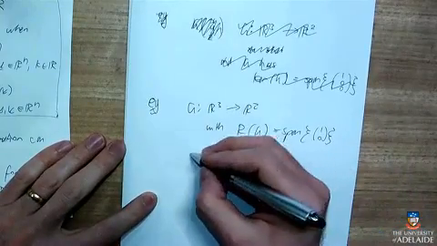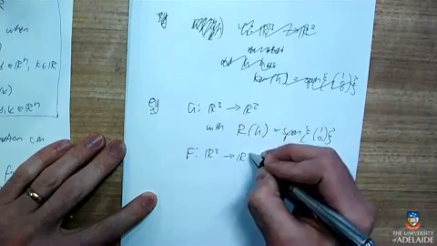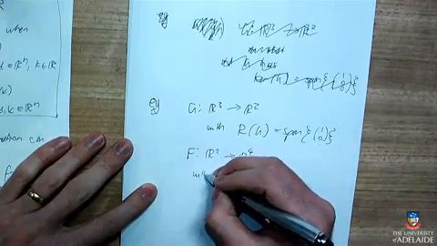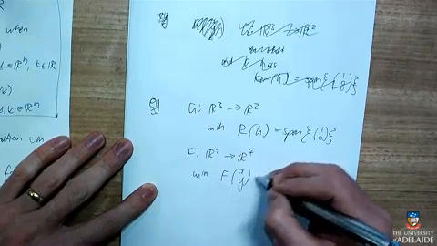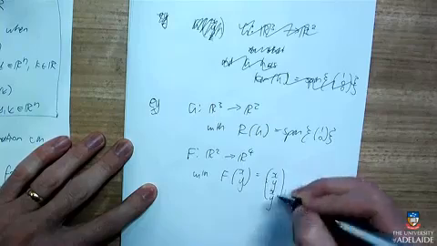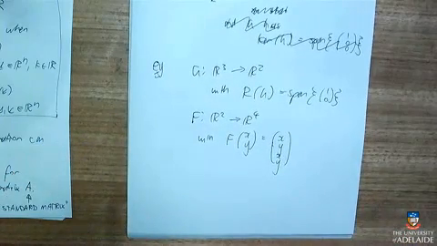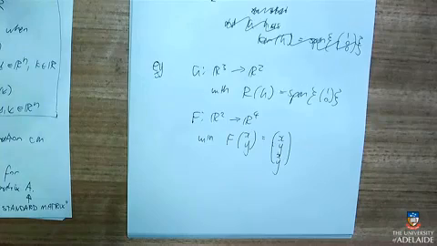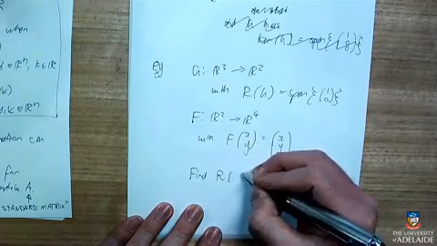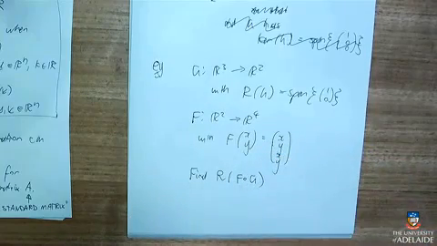And F sends R2 to, let's be creative, R4, with F of x, y being x, y, x, y. That looks like fun. Okay. Find the range of f of g.